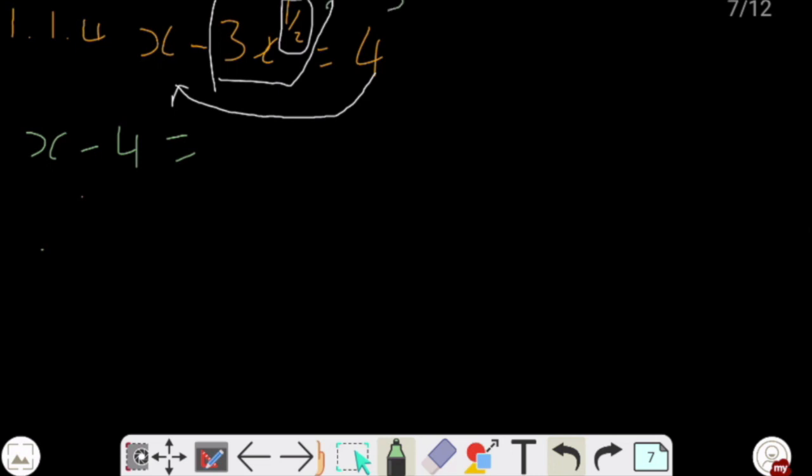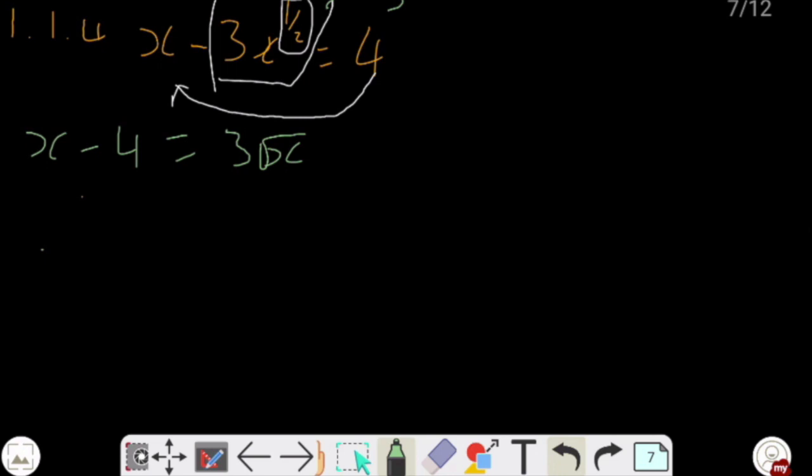I will have 3x to the power of a half, and I would write this in terms of the root, meaning it would be 3 root x. Right?